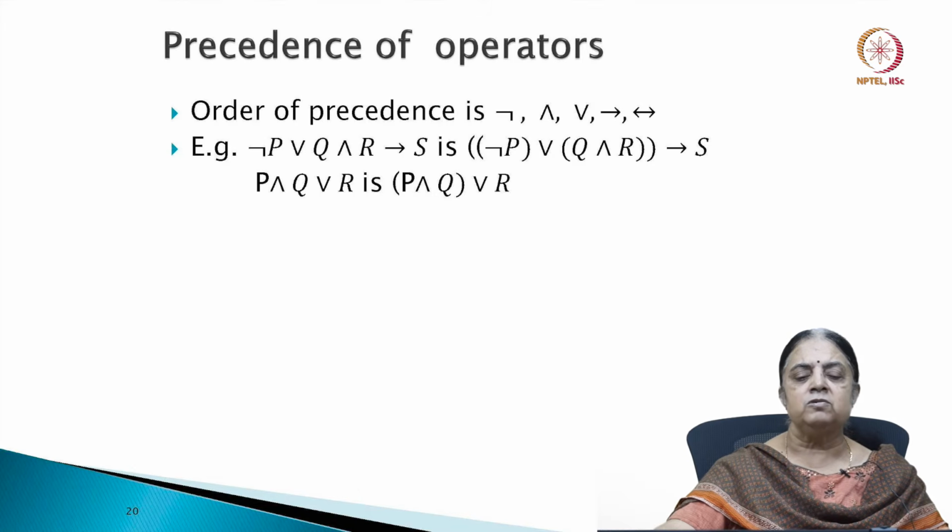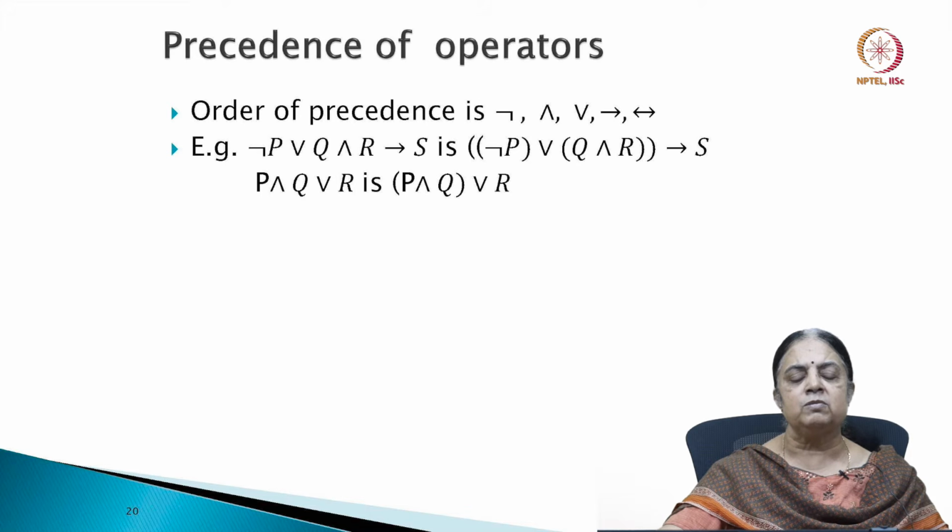So let us look at this order of precedence. So we said not comes first, and then and, then or, then implication and double implication. So suppose we have a sentence like this, not P or Q and R implies S without any brackets at all. Okay, so if you are already given brackets, then the brackets will have the highest precedence. So here, since not has the highest precedence, it's going to be not P. Next highest is and.